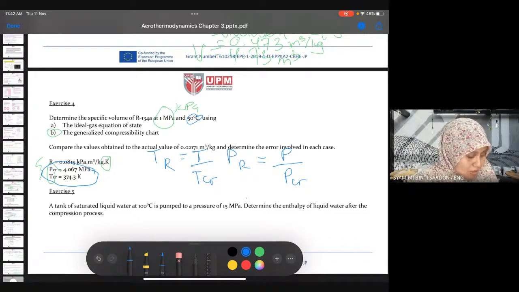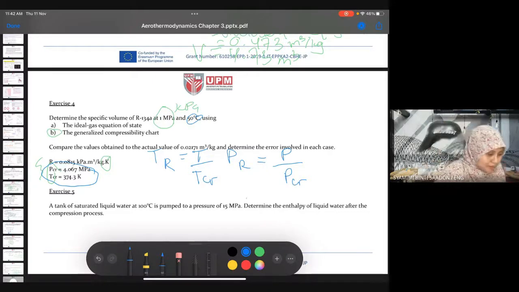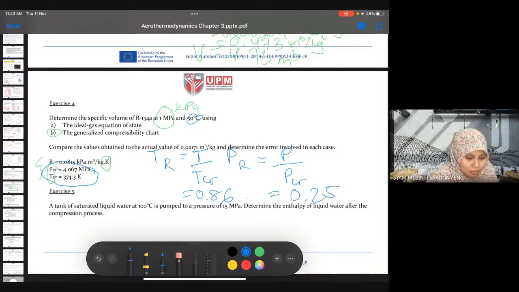Okay, so we get TR around 0.86 and PR around 0.25, or 0.24625.